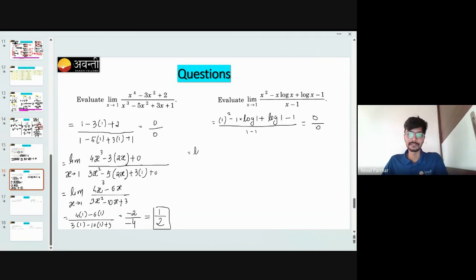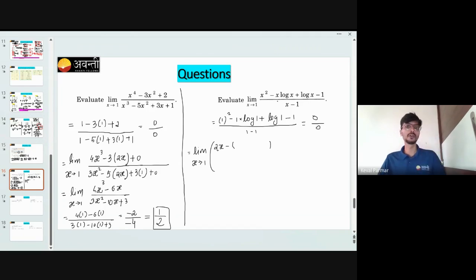So my answer will be limit x tends to 1. I will differentiate numerator and denominator separately. So let us differentiate numerator. Here it is subtraction and addition rule. So x square, derivative of x square is 2x minus. Please be careful here because here we are going to use product rule.